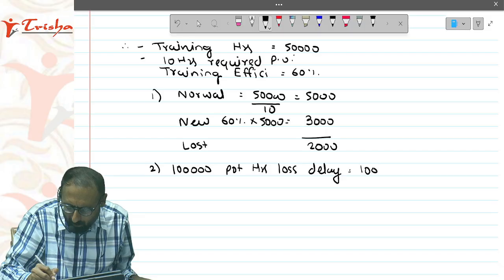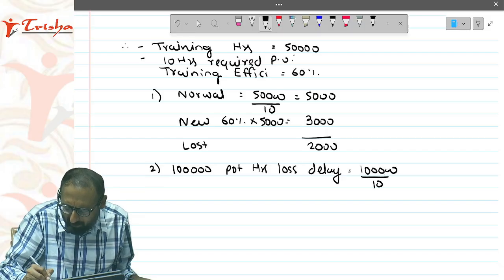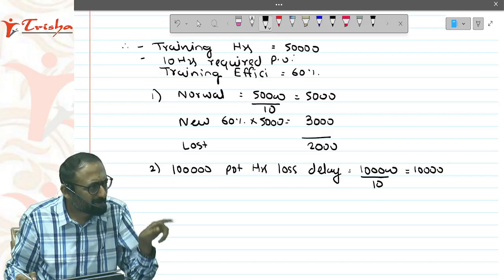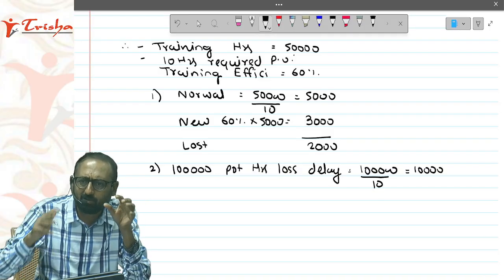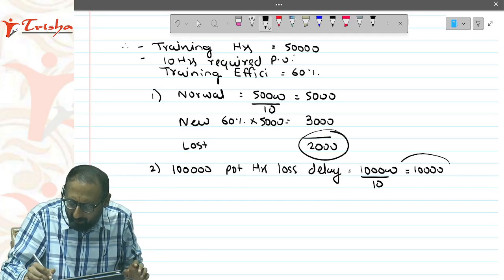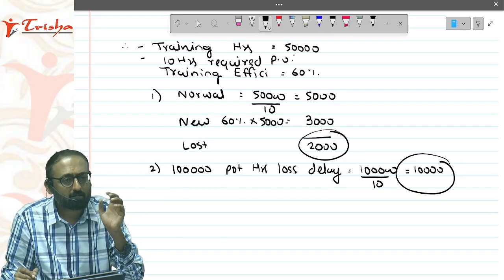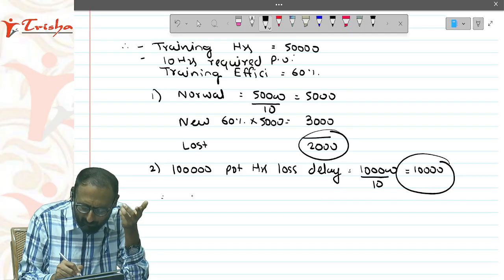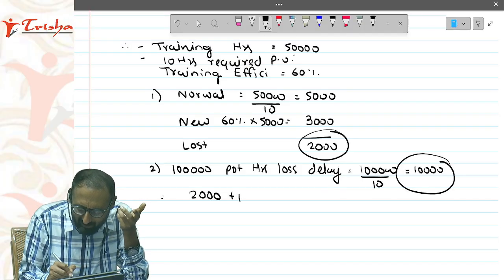Is it 1 lakh divided by 10? Is it 10,000? So because of the labor turnover, how much is your less production? 2,000 during the training period and 10,000 due to the delay. So is it 12,000 units less produced by you?